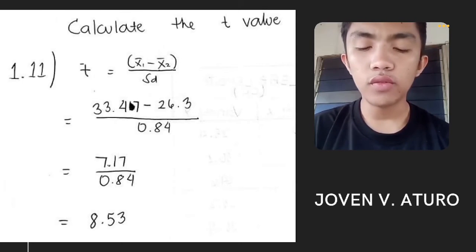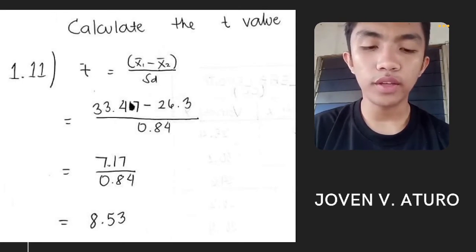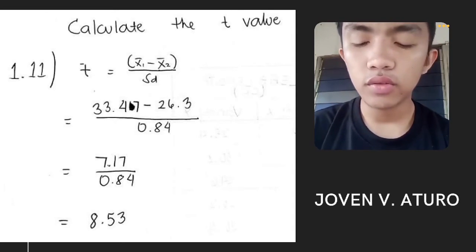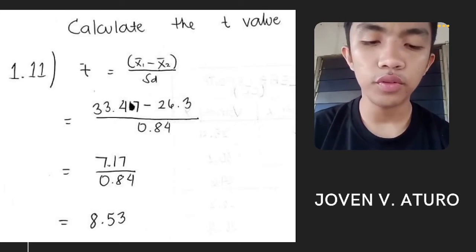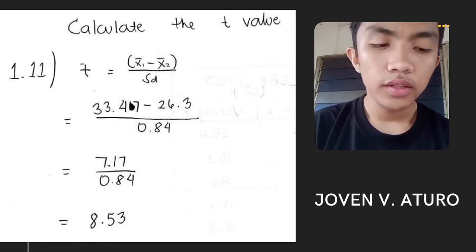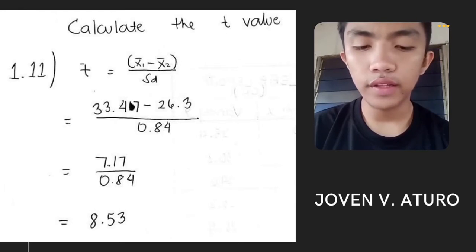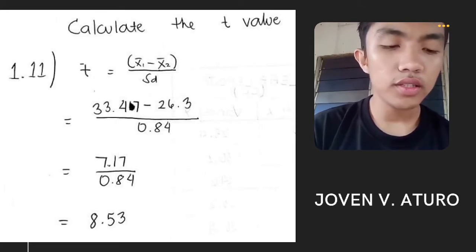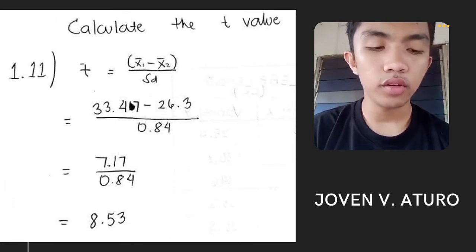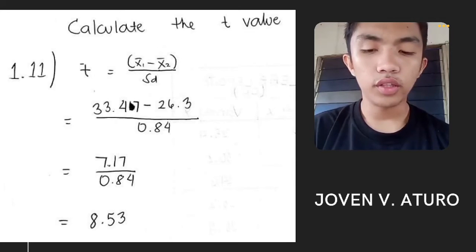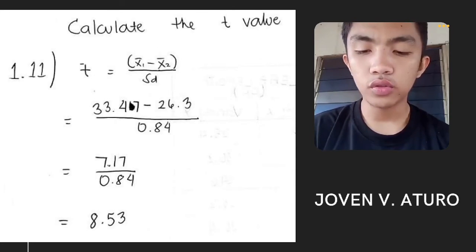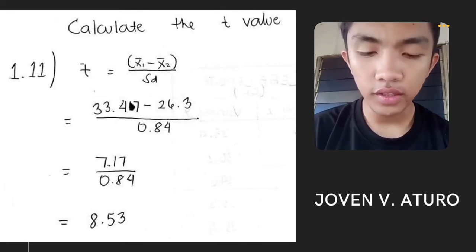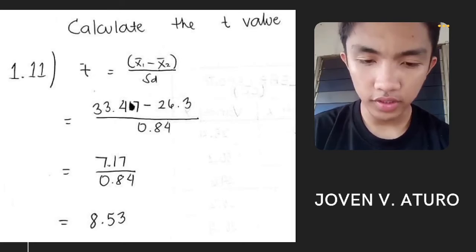The t-value is equal to 33.47, the sample mean of variety x, minus 26.3, which is the sample mean of variety y, divided by the standard error of the difference, which is 0.84. The result is 7.17 over 0.84, which equals 8.53, and the final result is the t-value is 8.53.